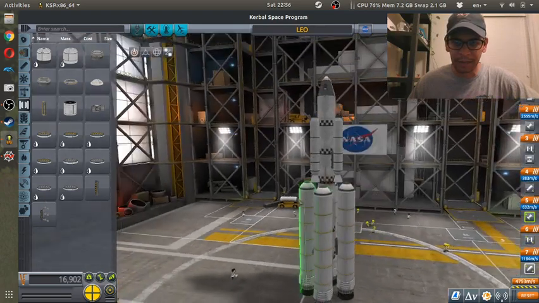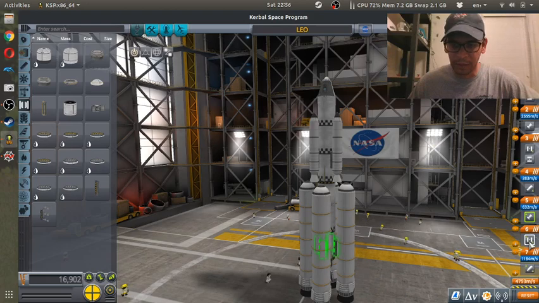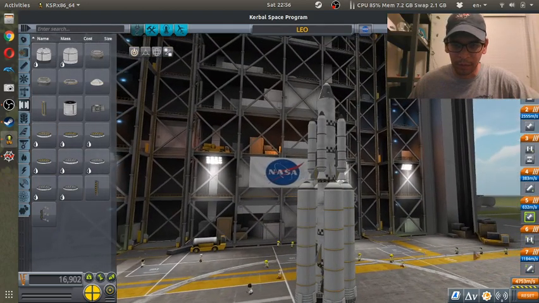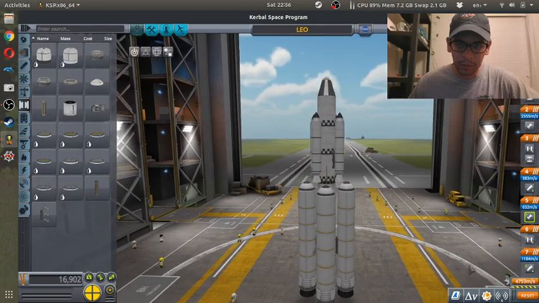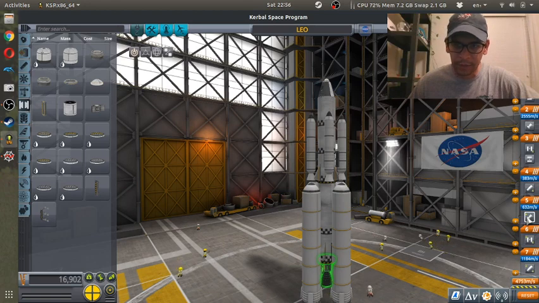They're just massive. So I'm going to activate these and activate these decouplers and blow these boosters away. And then activate the swivel at the bottom, which only has 632 meters per second, and then activate these boosters, which don't have very much.